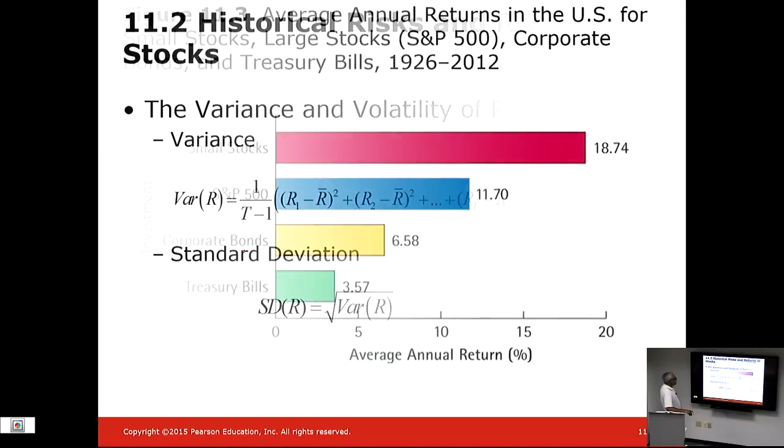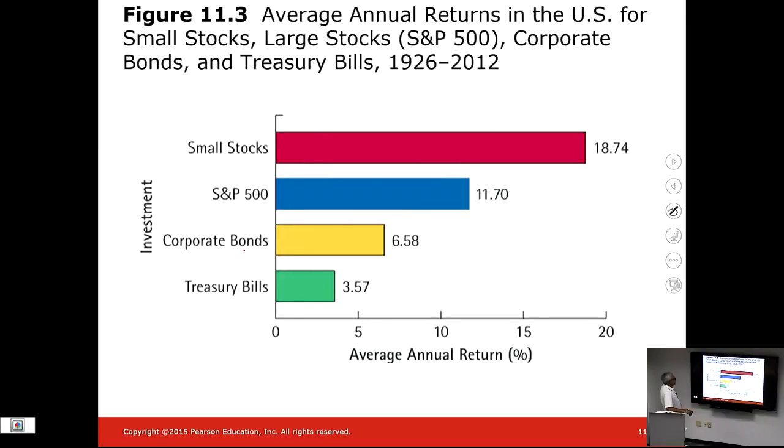But mean does not tell us the whole story. So if you look at the average return for small stock, S&P, corporate bond, treasury, these numbers are now annual averages, so year by year averages. They match up to what we saw in the first slide, that the small cap stocks in general do better than the large cap stocks or corporate bonds.